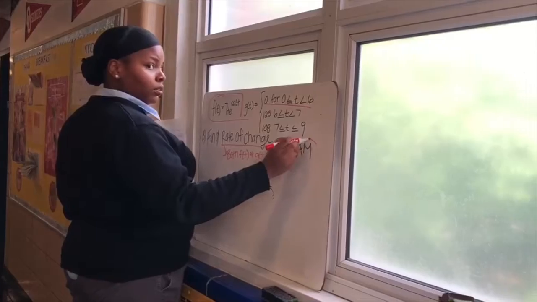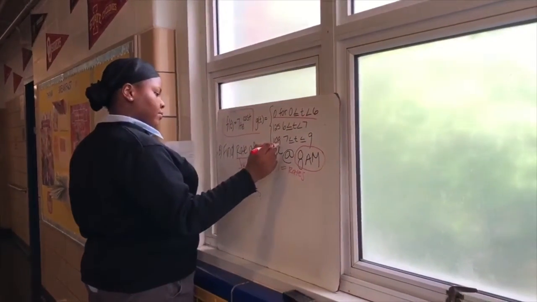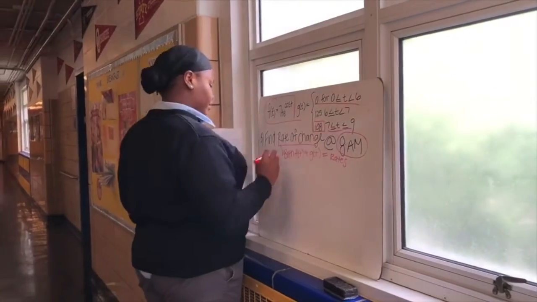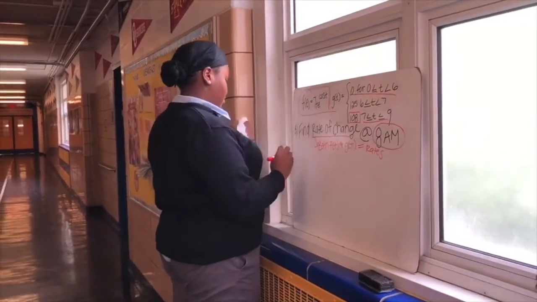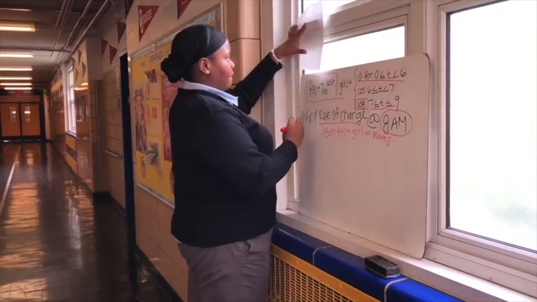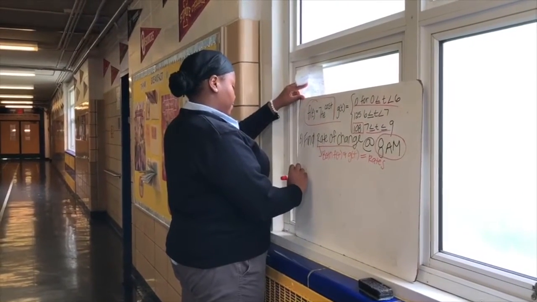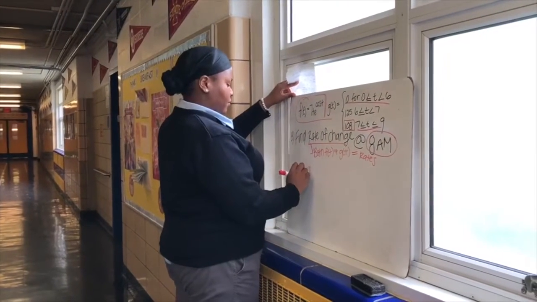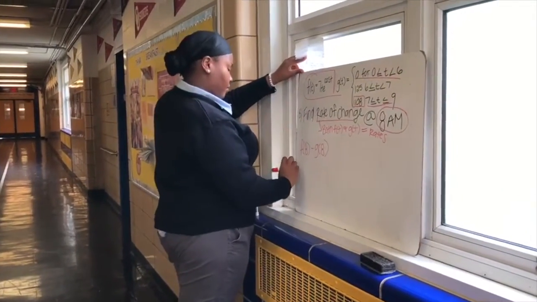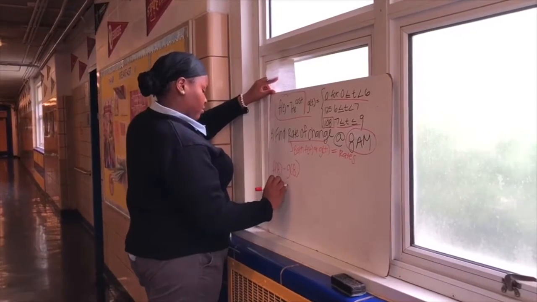Because it's asking for at 8 a.m., we will plug in 8 for f of t and 8 for g of t. Now, based on the piecewise function, we can see that 8 occurs at g because it is in the interval of 7 less than or equal to t less than or equal to 9.